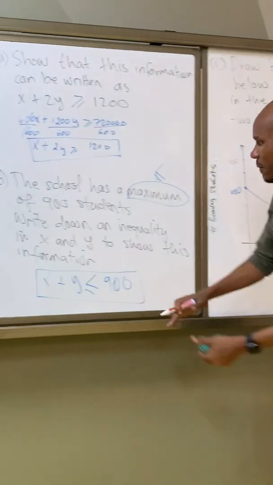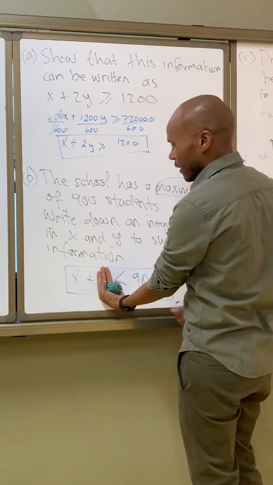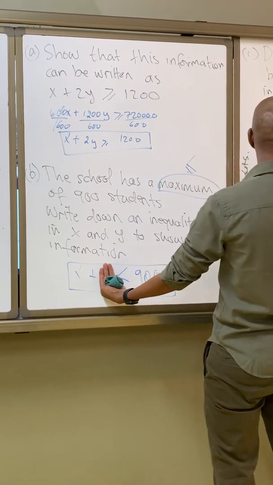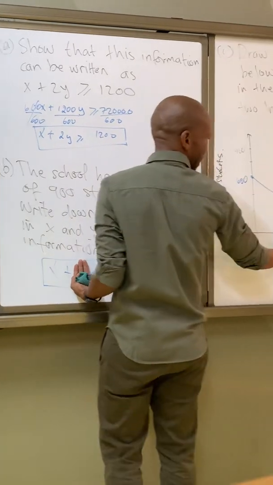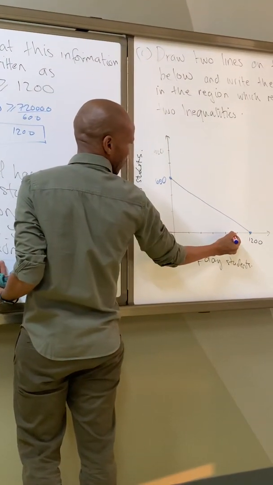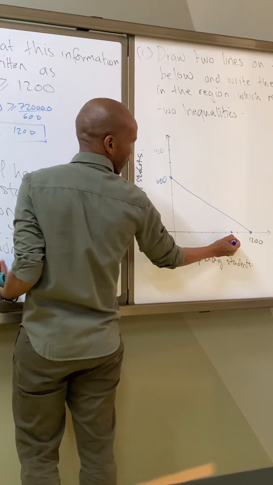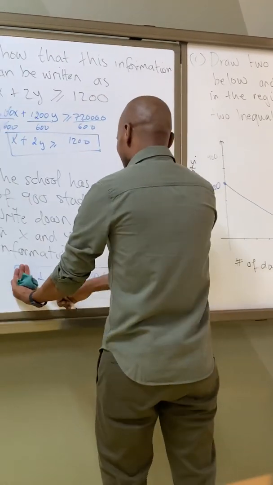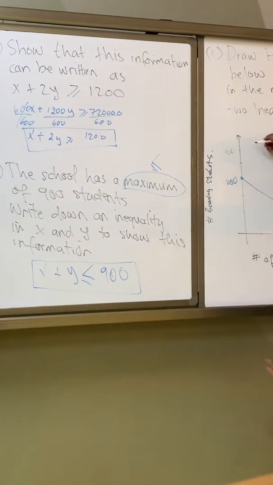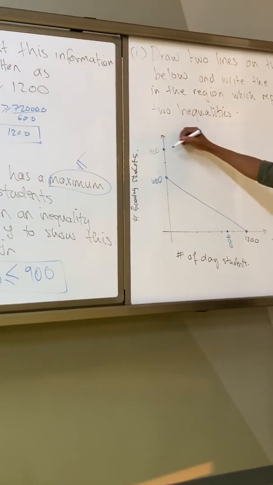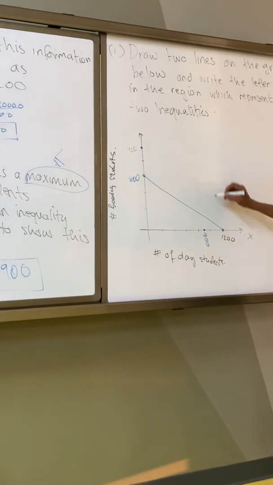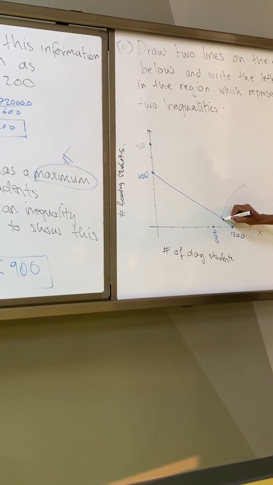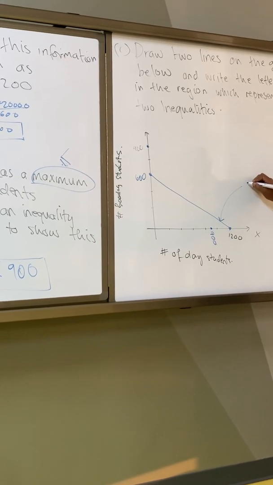And the second one, if I want to find the x-intercept, x is equal to 900. 2, 4, 6, 8, 10, so 900 would be somewhere there. And y will be 900. So my 900 is there. By the way, as I always tell you, mark or label your lines.